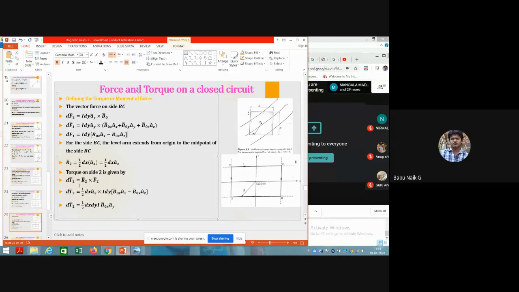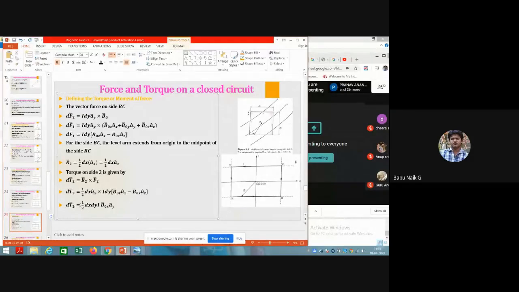Now you can substitute: the torque is equal to R2 cross F2. The R2 vector is half dx a cap x, cross the F2 calculated here, I dy B naught a cap x, then B naught x a cap z here.